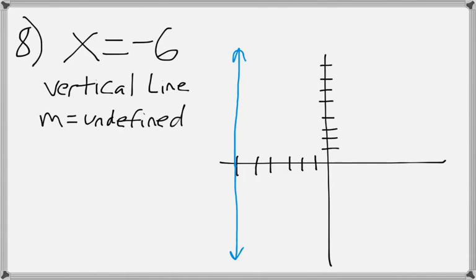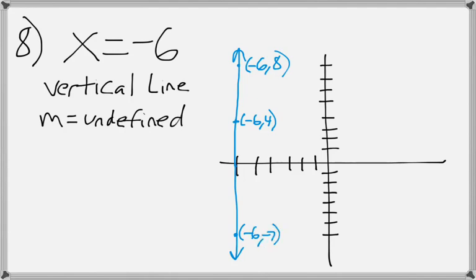If I look at this point here, this would be the point -6, 4. If I look at the point here, this would be the point -6, 8. If I go down further here, this would be the point -6, -7.